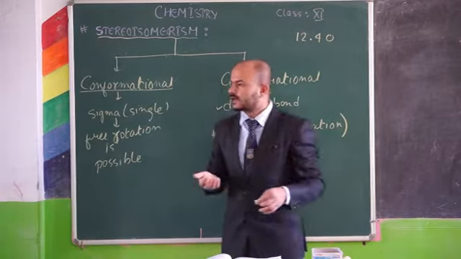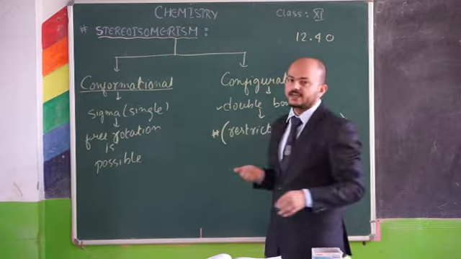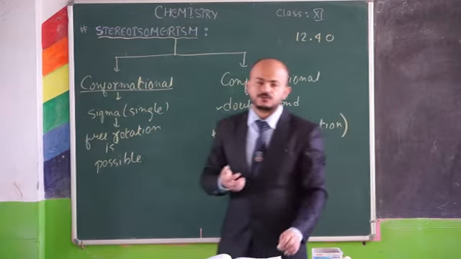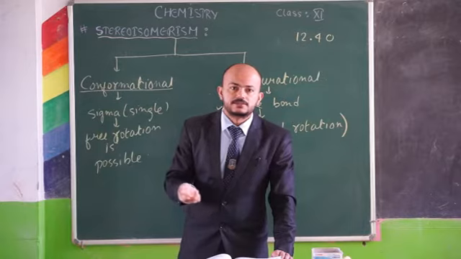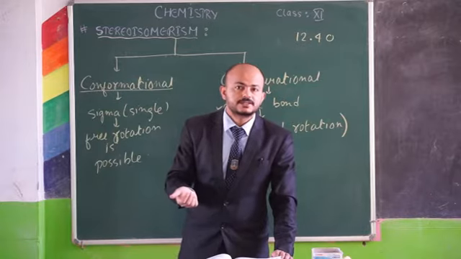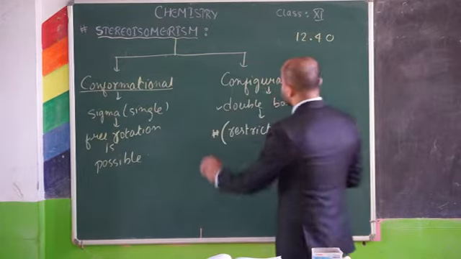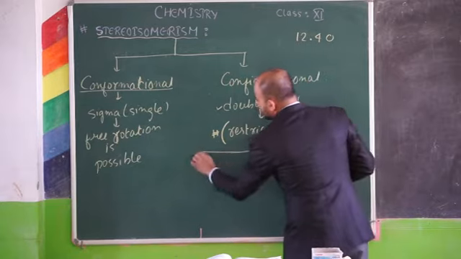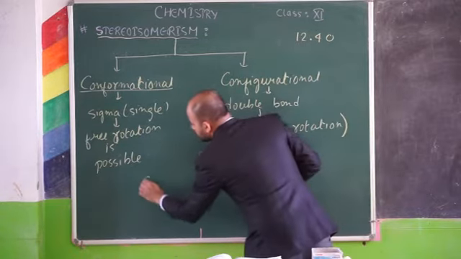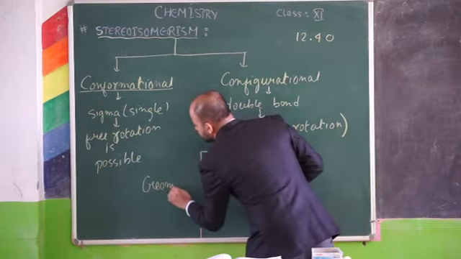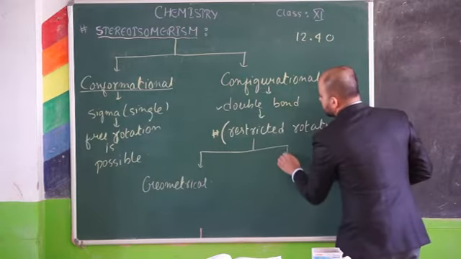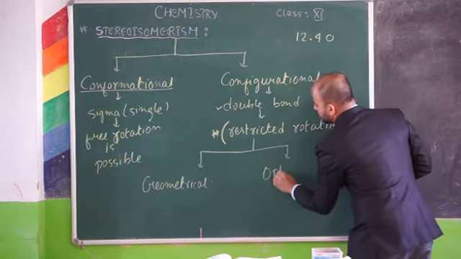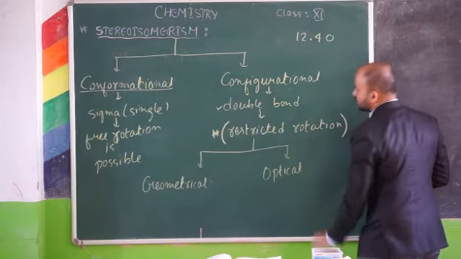Because of this you have configurational isomerism. It is further classified into two types: geometrical isomerism and optical isomerism.